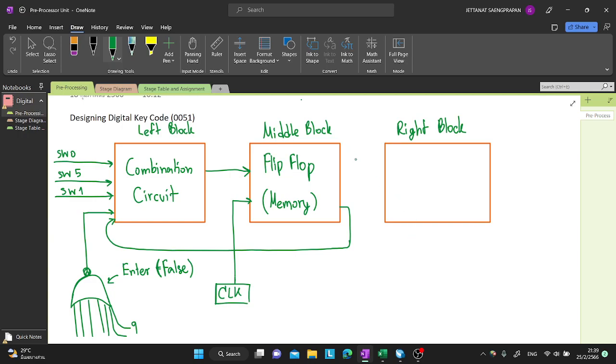The last one is the right block. After we press the four digits, the right block will work. Sorry, it's just LEDs, which show the digits that I press.